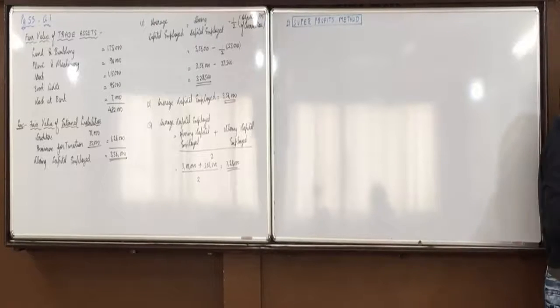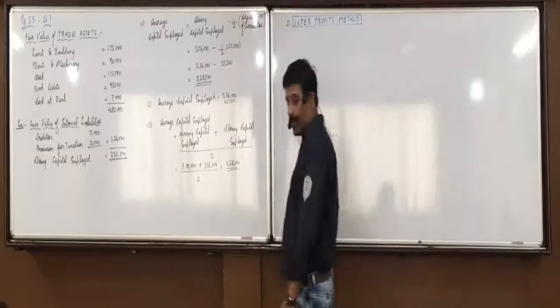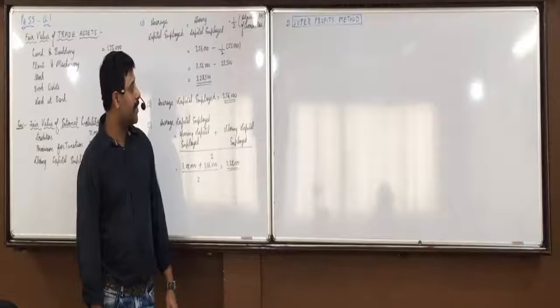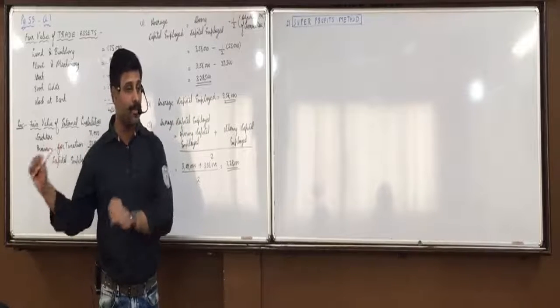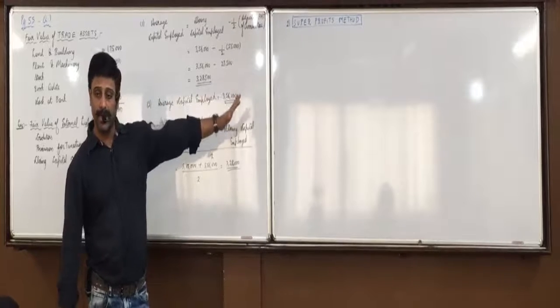Now remember, in all the methods, we are going to find two workings. What two workings are we going to find in all the methods? Average future maintainable profits and capital employed. All the three formulas I discussed now. So how to find goodwill on the basis of super profits, better understand this. Two workings will come in: first average future maintainable profits, then capital employed, then we'll apply the steps of super profits.